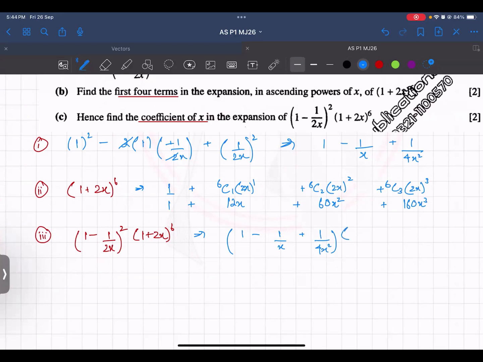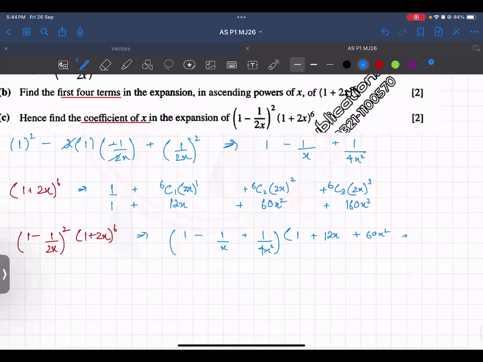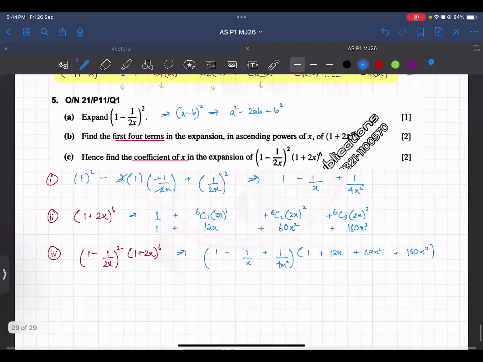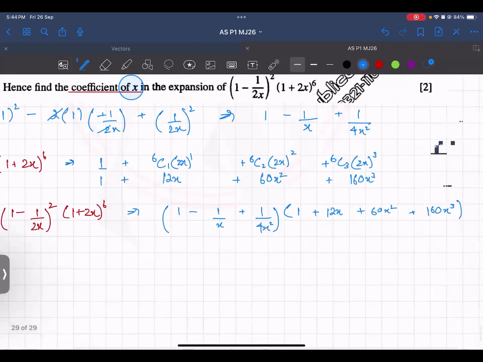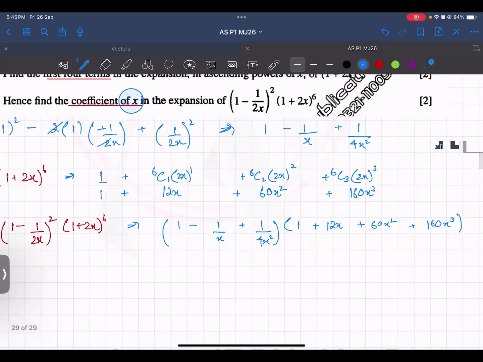And the expansion for the second bracket is 1 plus 12x plus 60x square plus 160x cube. Now what are they asking us? They want us to find the coefficient of x when your x power is 1. So instead of expanding everything completely, we only selectively multiply the terms between the brackets which will get you the variable x. For example, if I multiply 1 with 12x, I will get 12x, which has variable x power 1.